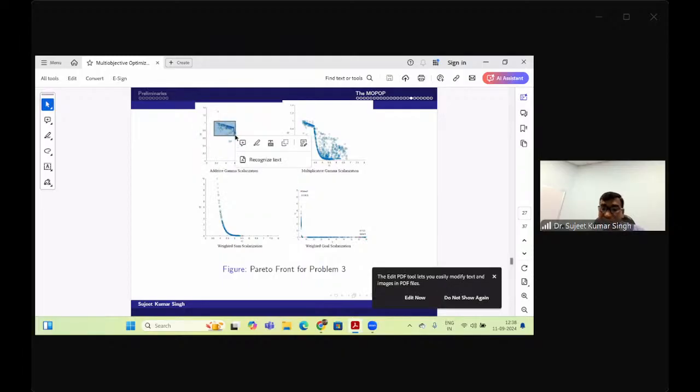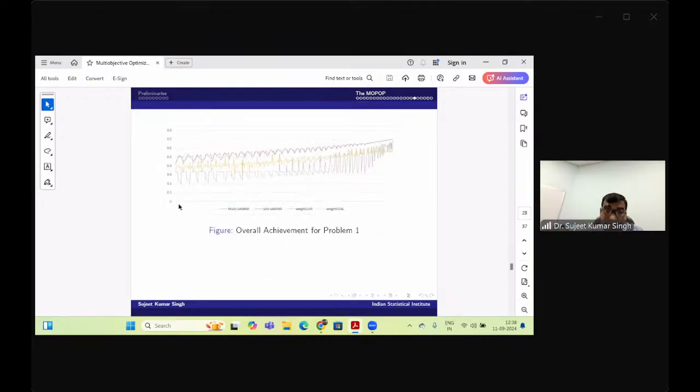That means we are losing some potential Pareto points when we solve using the weighted sum and weighted goal methods. That is the non-convexity issue. So we have dealt with the non-convexity issue and the incommensurability issue, and this is the achievement, the performance.